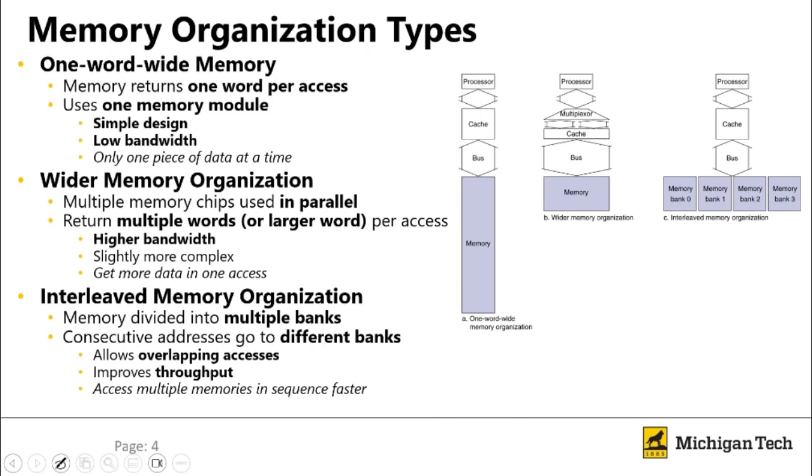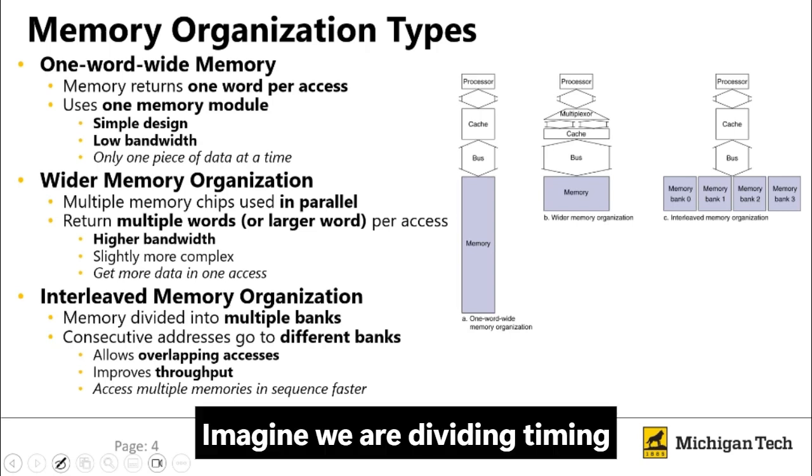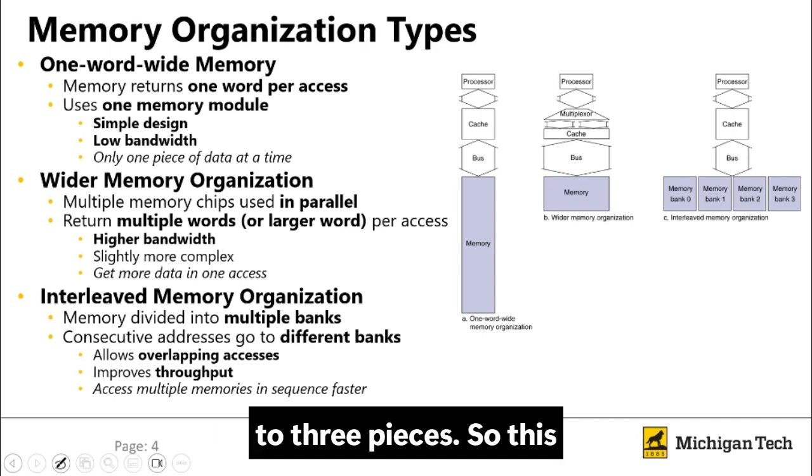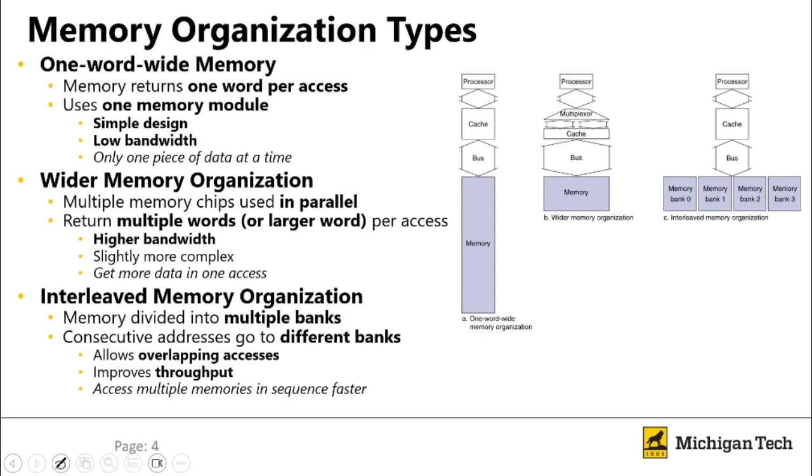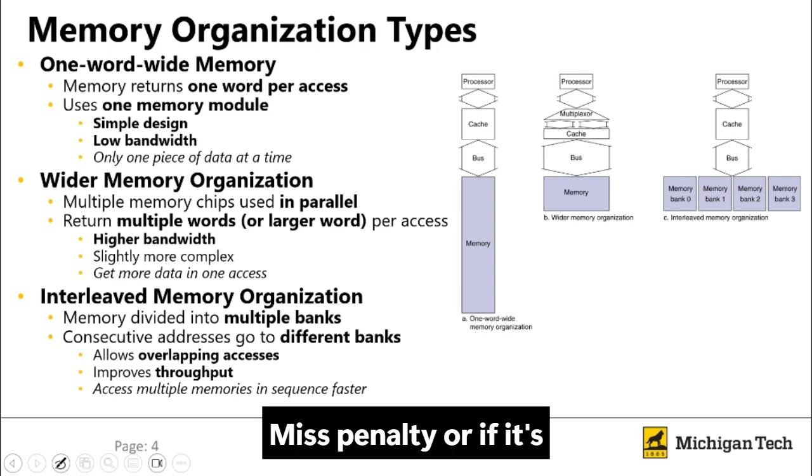So let's see how we can deal with the time. Imagine we are dividing the timing into 3 pieces. This timing can be called the miss penalty, or if it's for the first one, you can even call it latency.